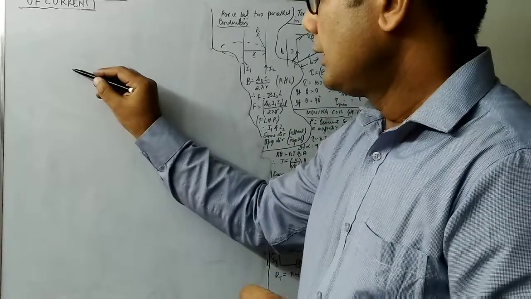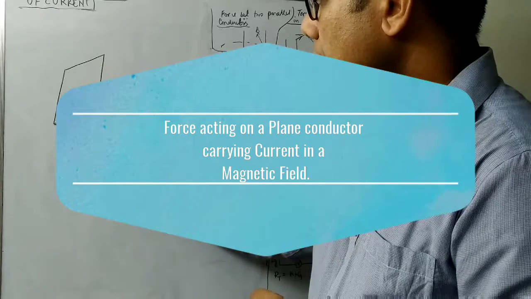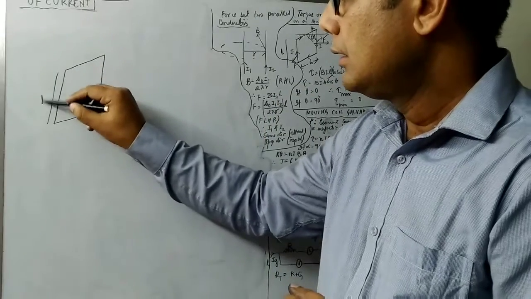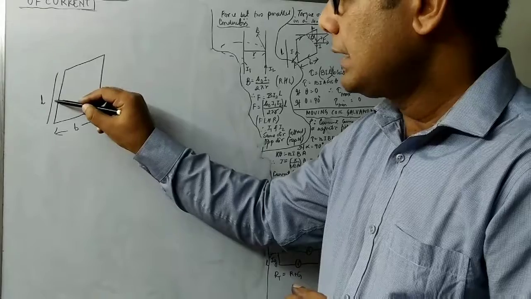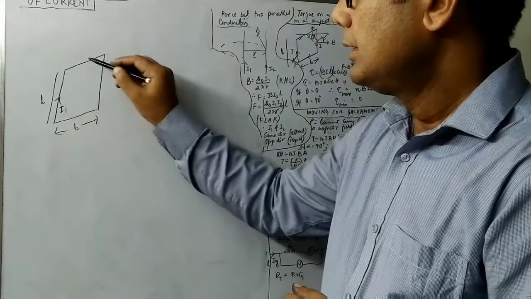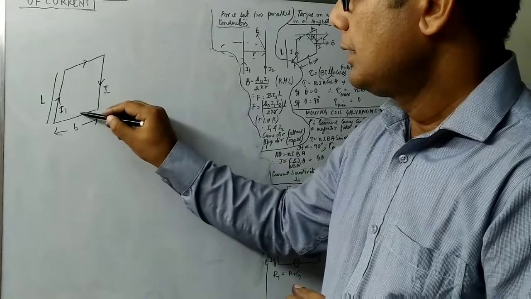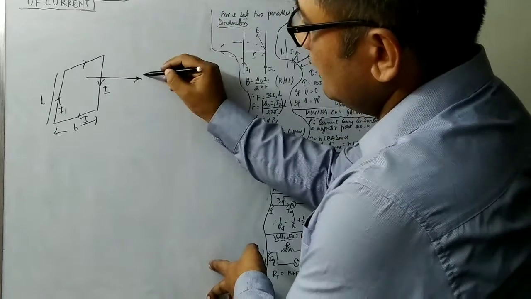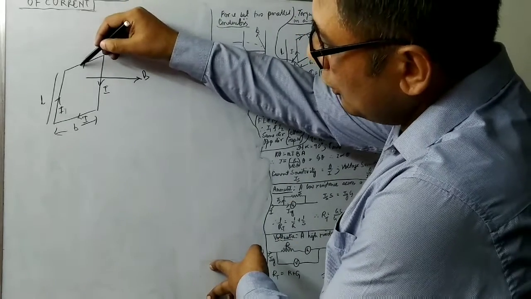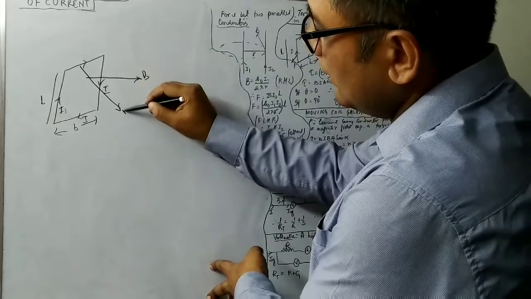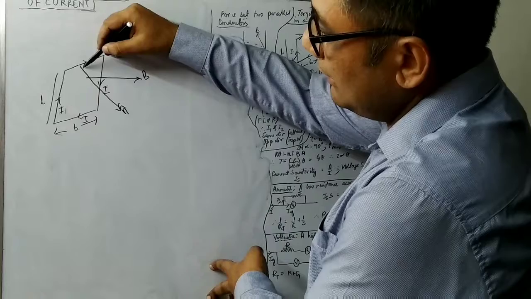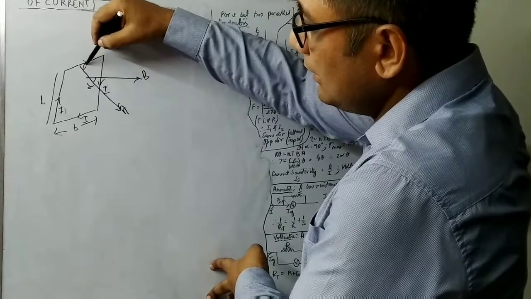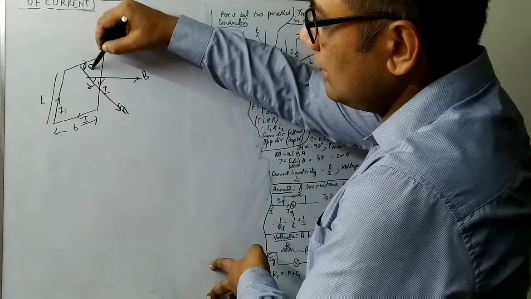Next, I am going to teach you that if I keep a flat coil of length L and breadth B, which is carrying current I, placed in a magnetic field, this is the magnetic field, this is the normal of the wire, which is making an angle alpha with the magnetic field, and the plane of the coil makes an angle theta with the magnetic field.